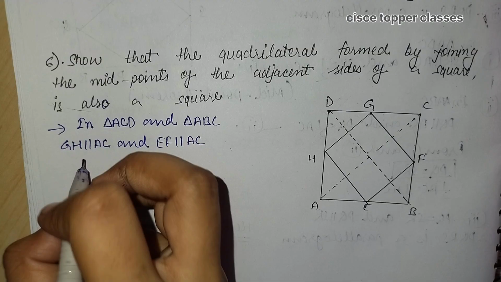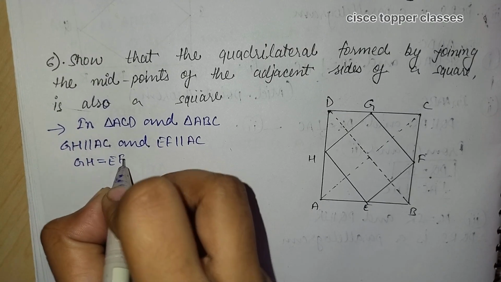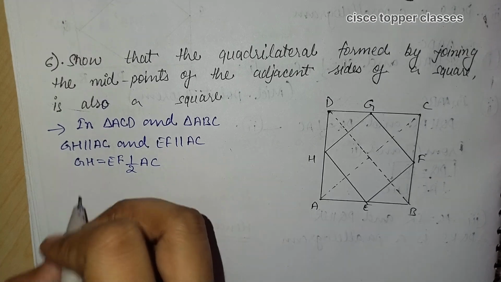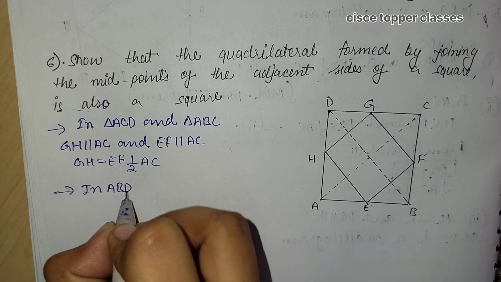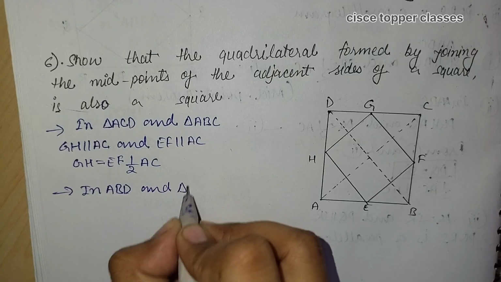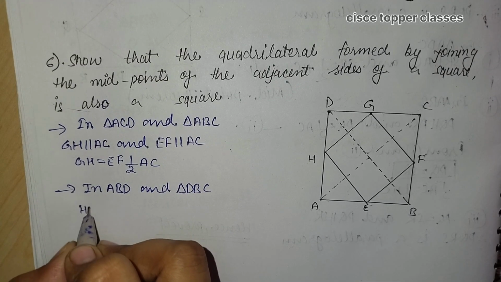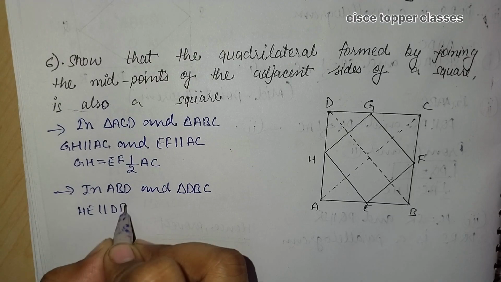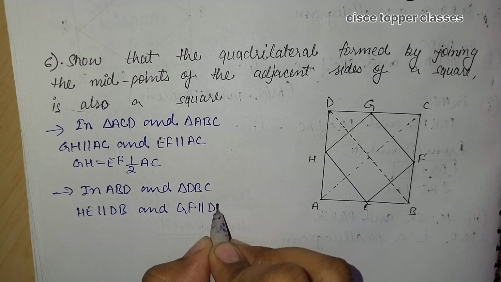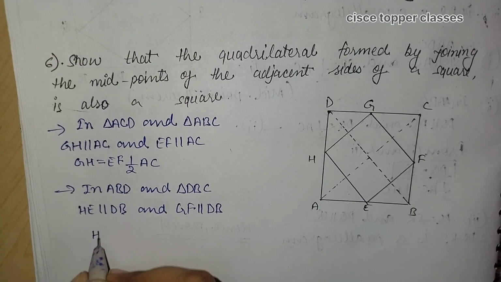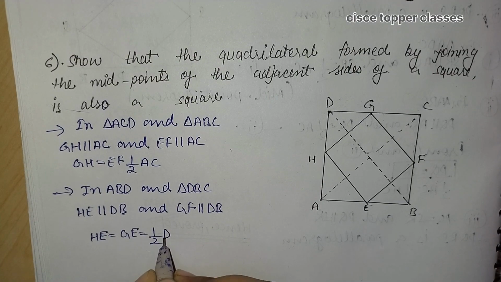So we can write GH is equal to EF is equal to half of AC. Again in triangle ABD and triangle DBC we can write that HE is parallel to DB and GF is parallel to DB. So HE is equal to GF is equal to half of DB.